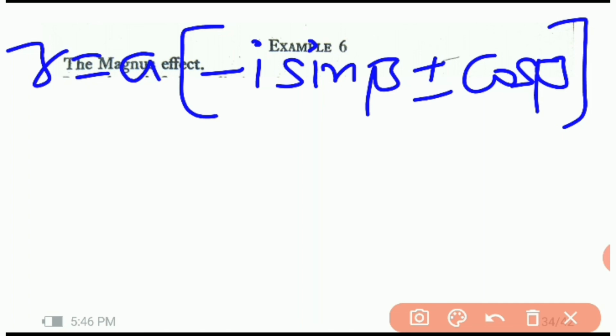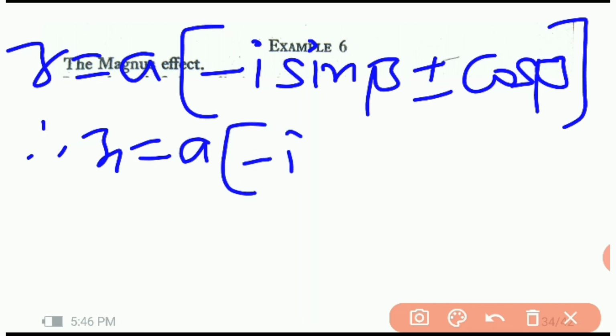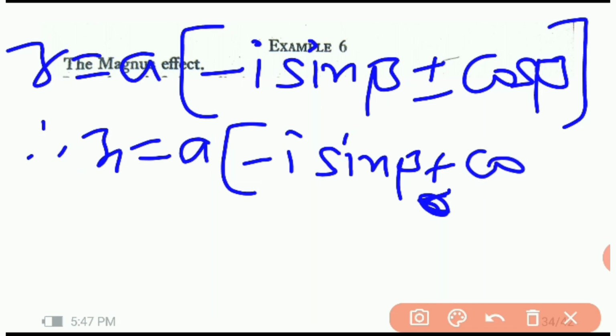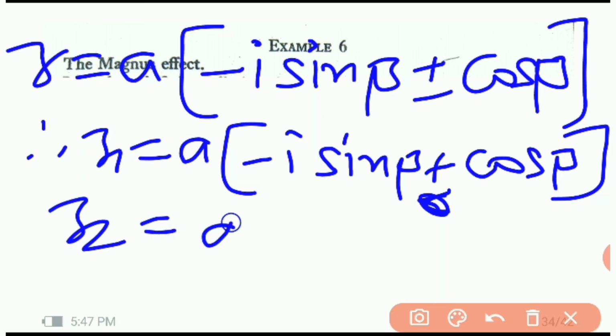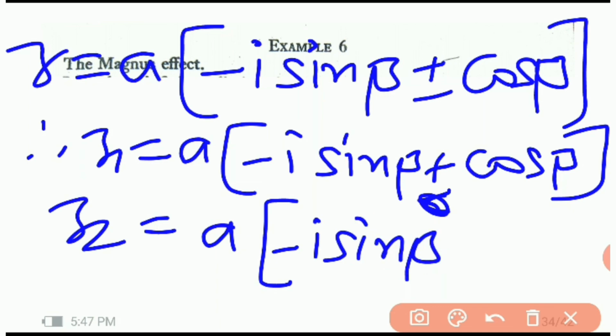Therefore z1 is equal to a in bracket minus i sin beta plus cos beta, and z2 is equal to a in bracket minus i sin beta minus cos beta.